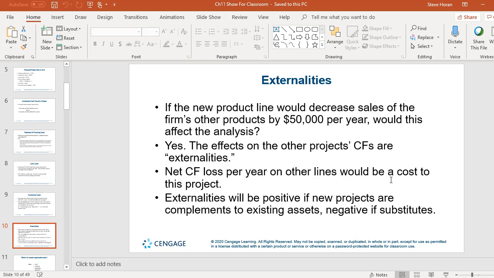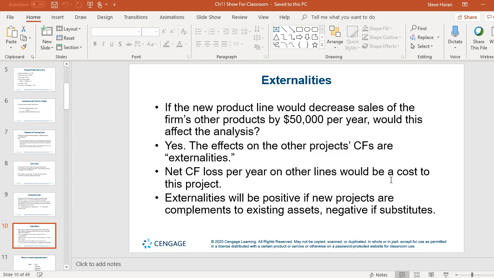Then externalities are basically think of them as side effects. If you take a drug, there might be a side effect. Externalities could be either positive or negative, but it's something to consider. How will this affect other things that we currently do?